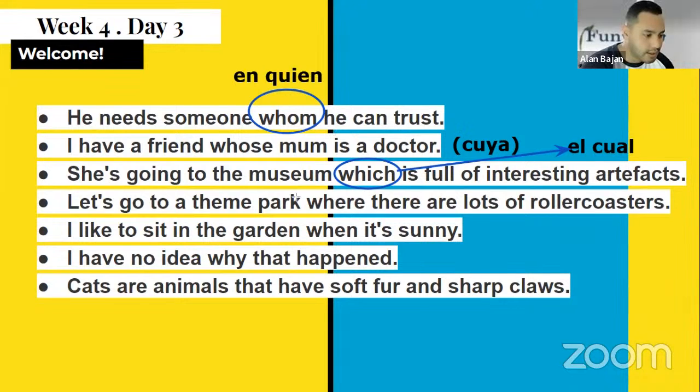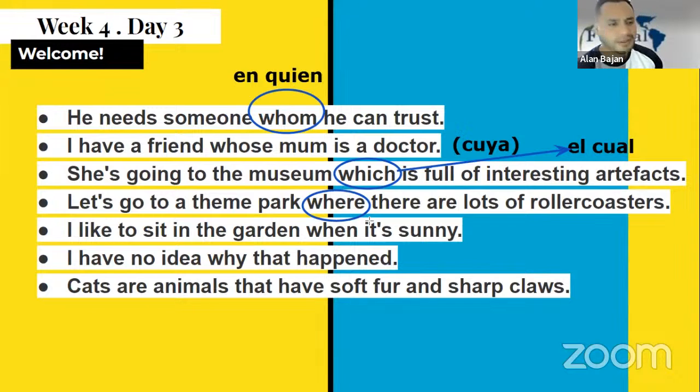As you can see, we normally use where for questions, right? Where are you going? Where are you from? Where is the party? But here in relative clauses, I am using it to describe the place, the person, the object I'm talking about, right?